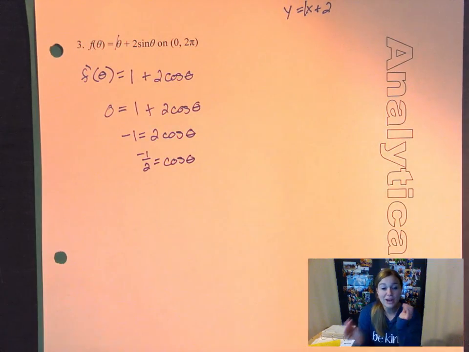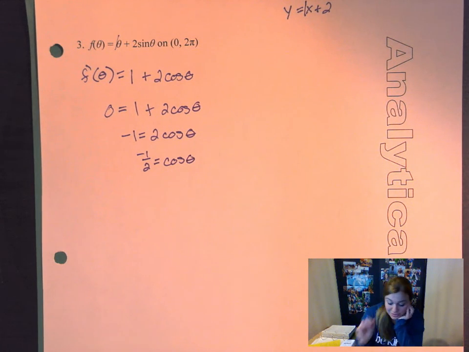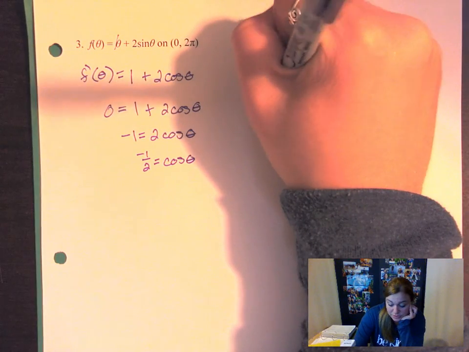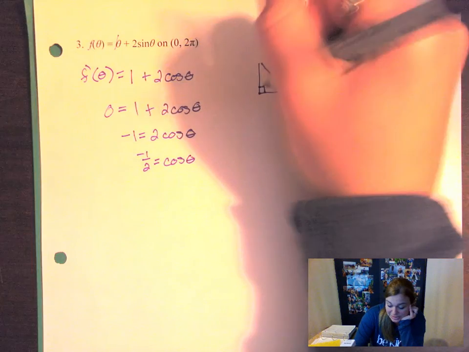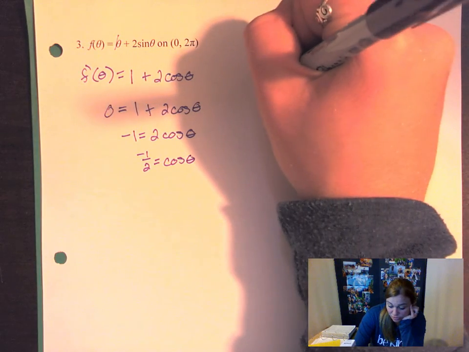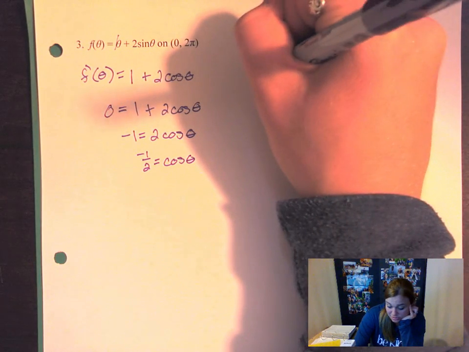Okay, here's where you have to think, and you have to go through a bunch of triangles in your head or something, and you have to think, where is cosine of theta equal to negative 1/2? So if you need to write some triangles of some sort, to do it that way, if you need to do some trig values. But I'm going to say, in my head, this is pi over 3, this is pi over 6.